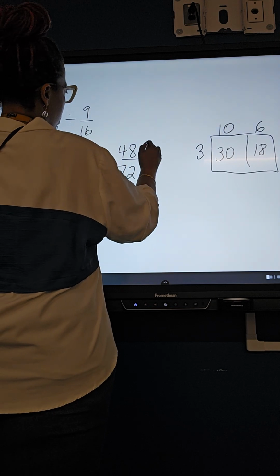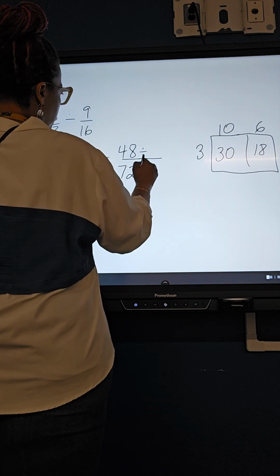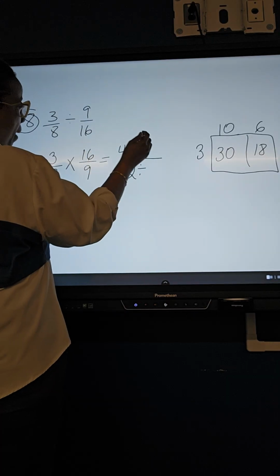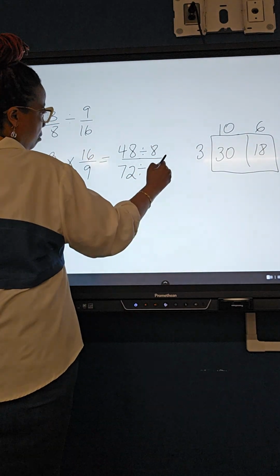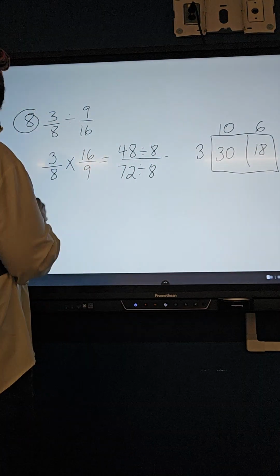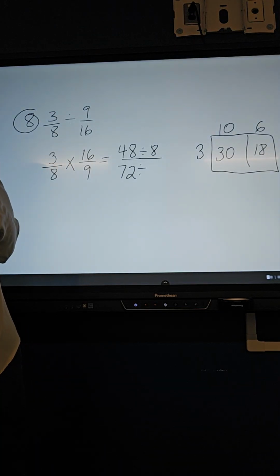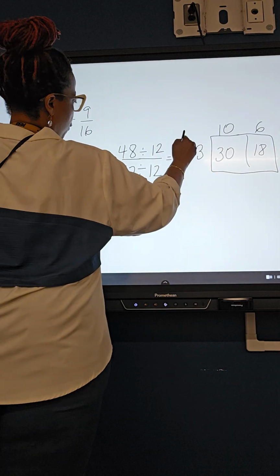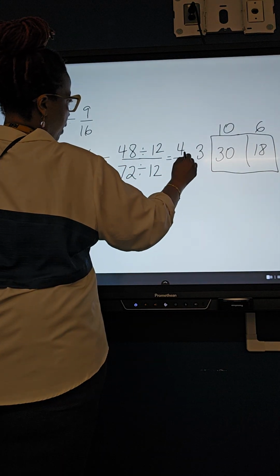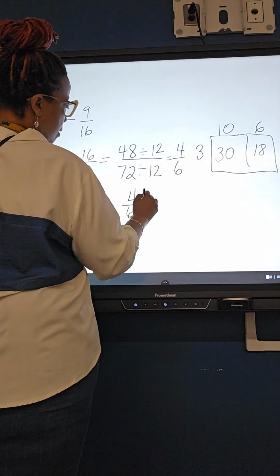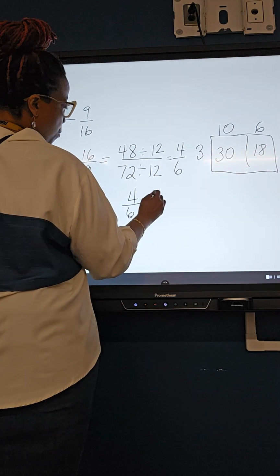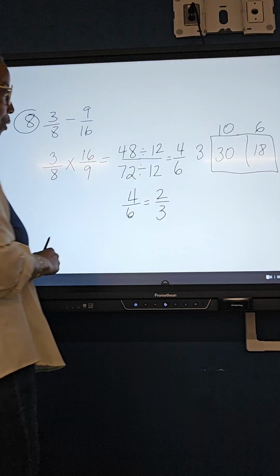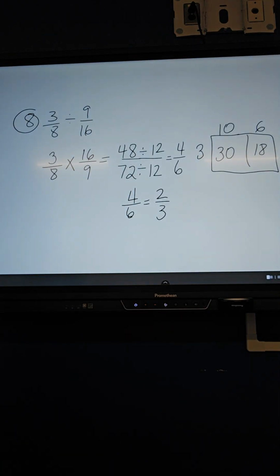If I wanted to simplify, I know that I can divide both by 8. No, we could go up some. We could divide both by 12. Equals 4 over 6. And I know 4/6 equals, I would divide each by 2, which would give me 2/3. 4 divided by 2 is 2, 6 divided by 2 is 3. So number 8, my answer is 2/3.